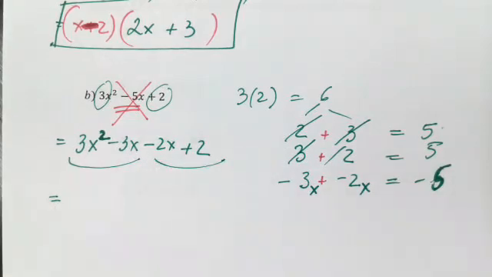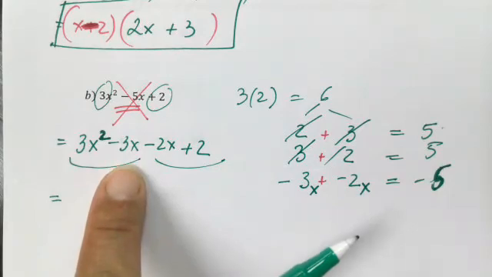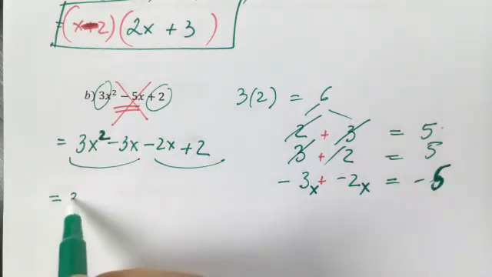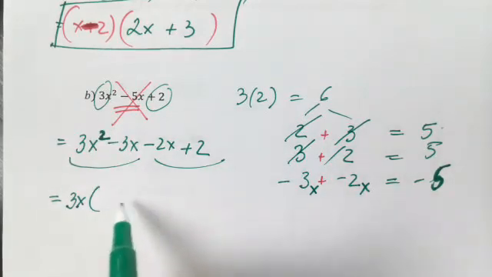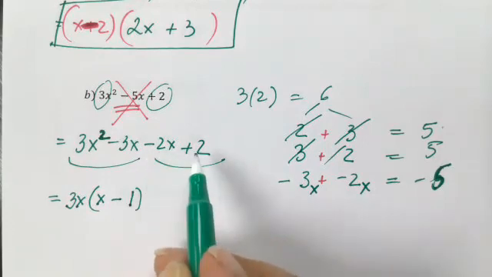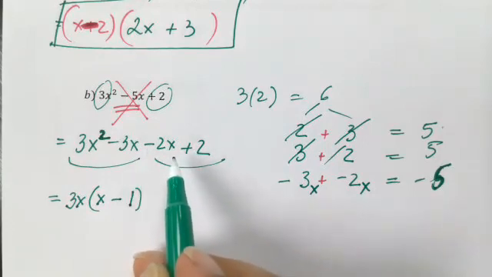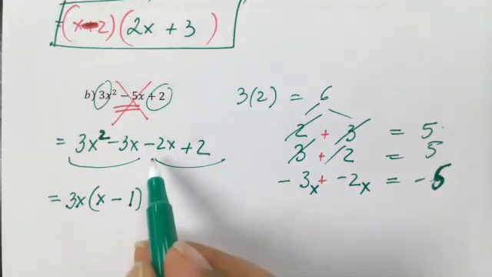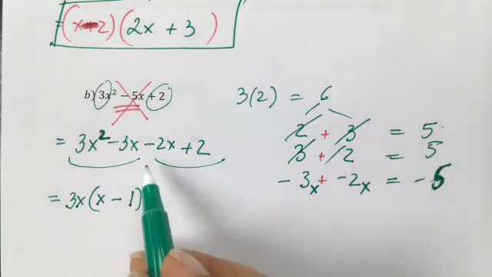Factor out the GCF. In the first group, the GCF is 3x. And then we have x minus 1. In the second group is 2, but if your first term is negative, take the negative with it, okay?